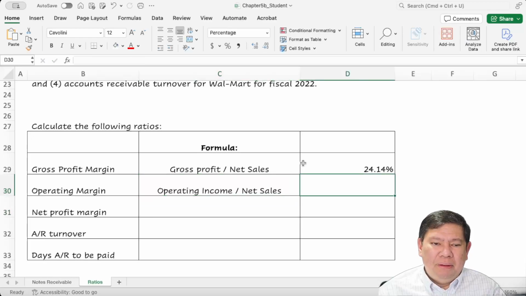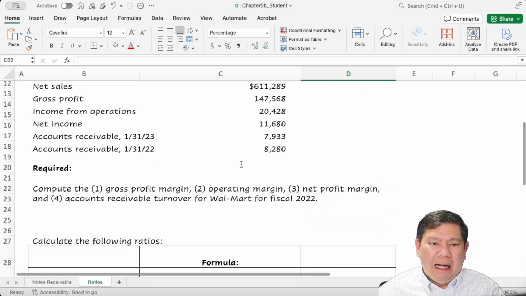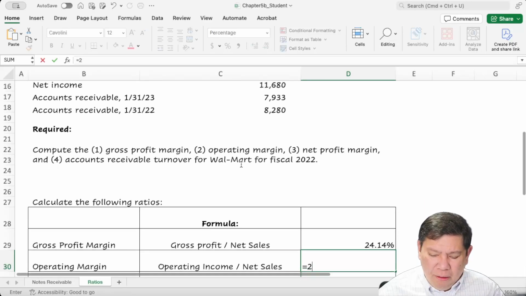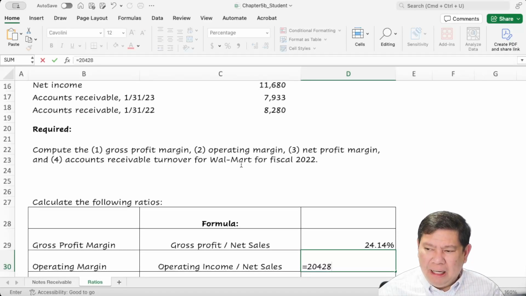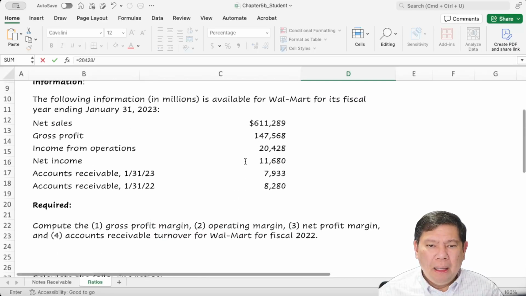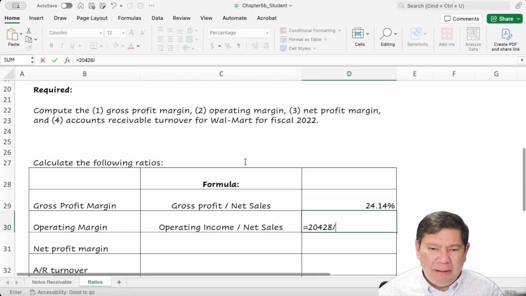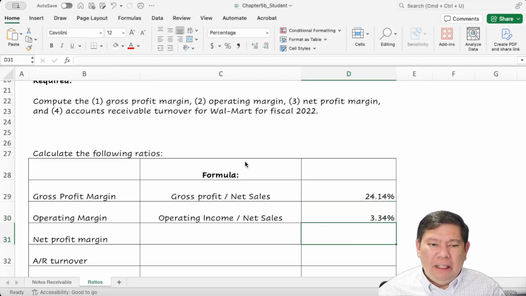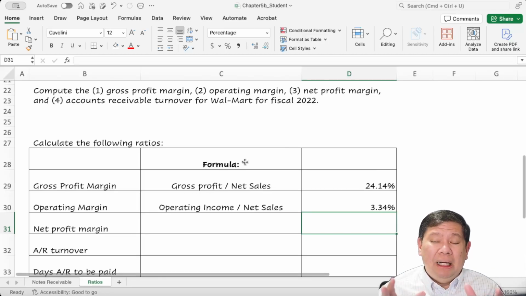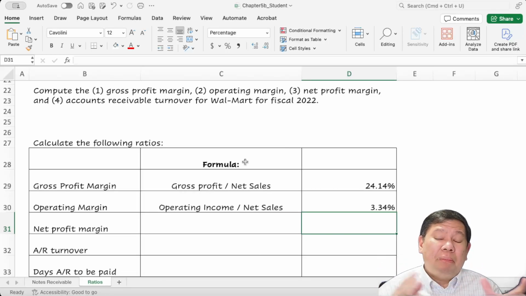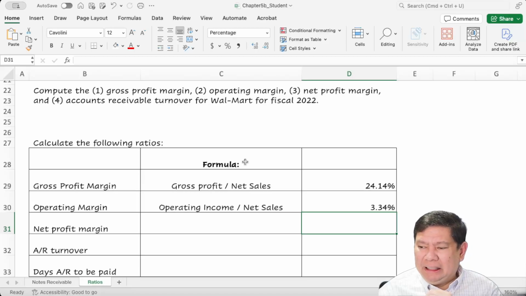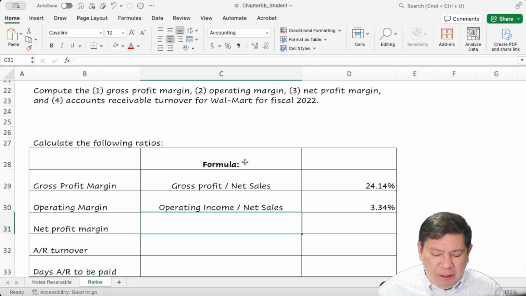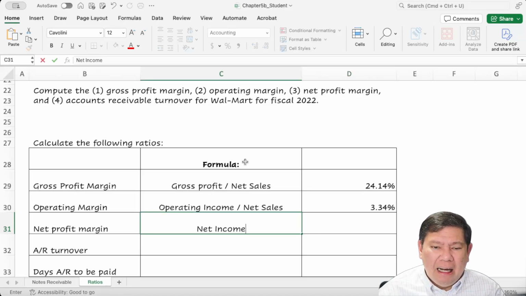So we have operating income 2428 divided by 611,289. So the operating margin, the profitability of the operation after paying all the operating expenses is 3.34%.